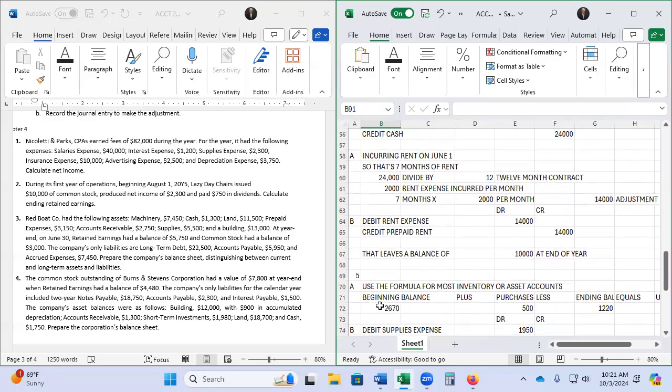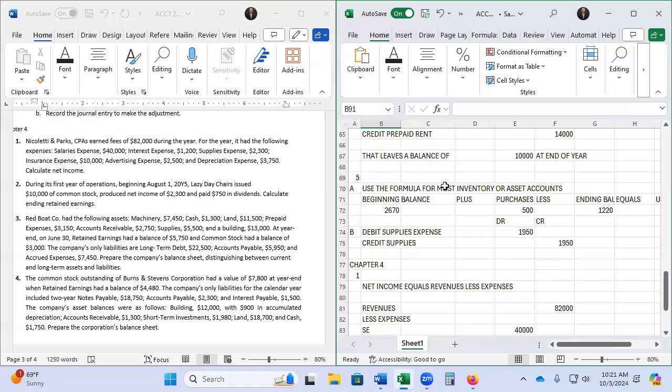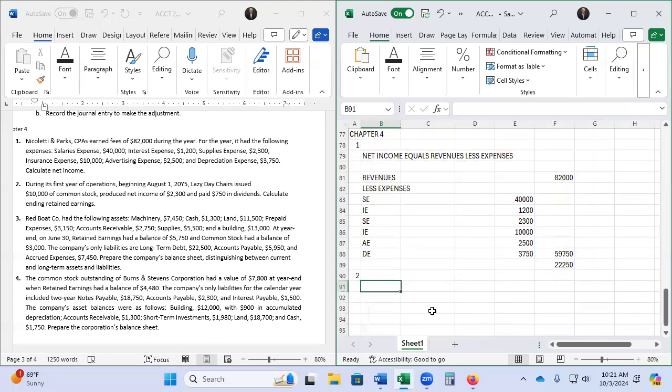And we can kind of go back to this kind of formula. Beginning balance plus less gives us a number. And so with retained earnings, we use the beginning balance. In this case, it was 0. We add net income. And so they said they have net income of 2,300.